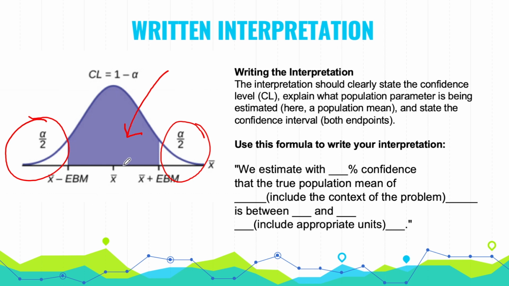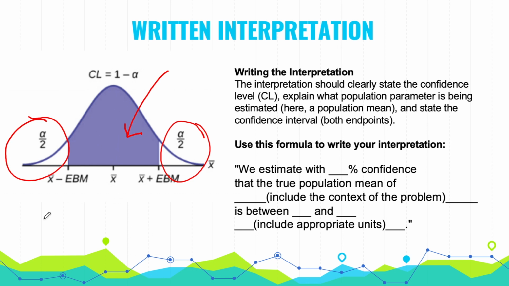And what we're doing is we're saying starting from the mean, we're going to subtract one error bound, and that will be one point on the outside of our confidence interval. And then we're going to add that same error bound to our x bar, and that's going to form the upper bound of our confidence interval. And so this area under the curve corresponds with the probability of your confidence interval, right?